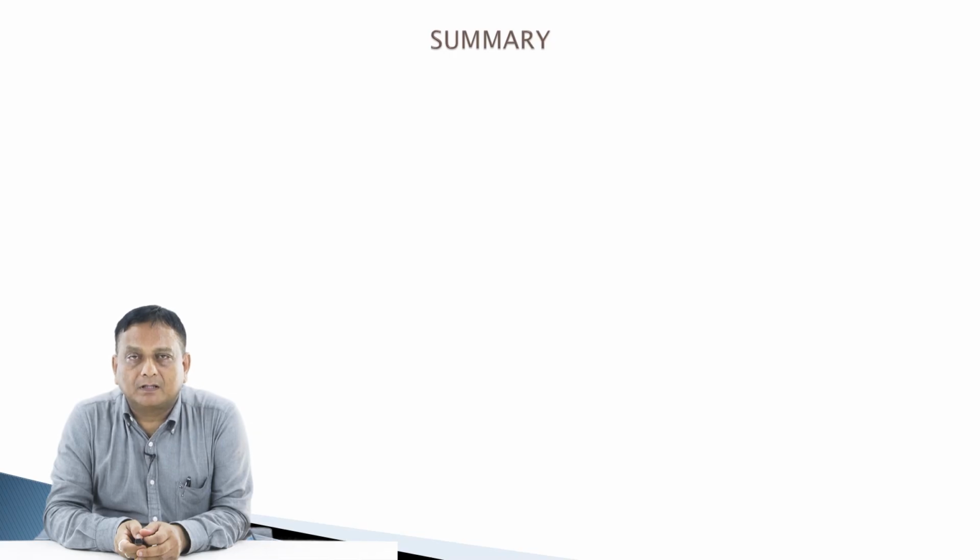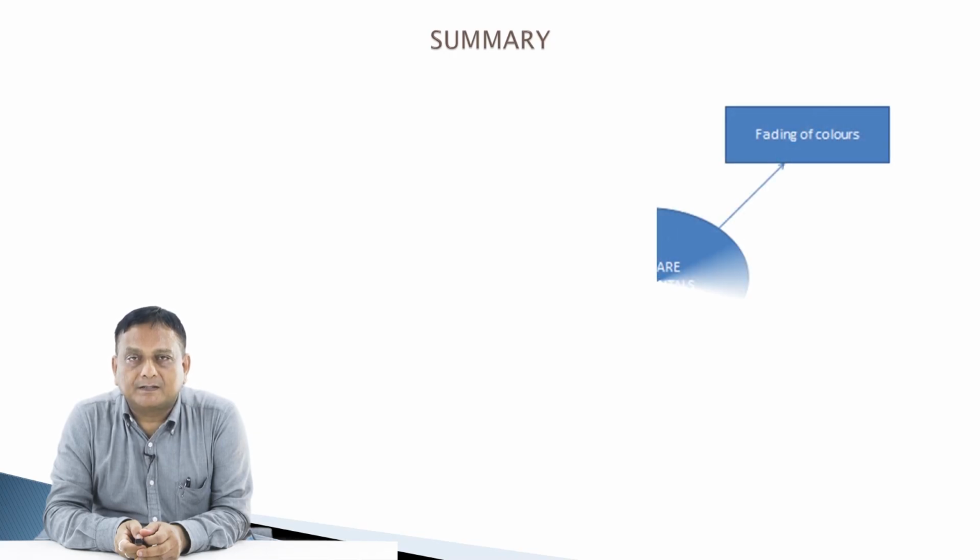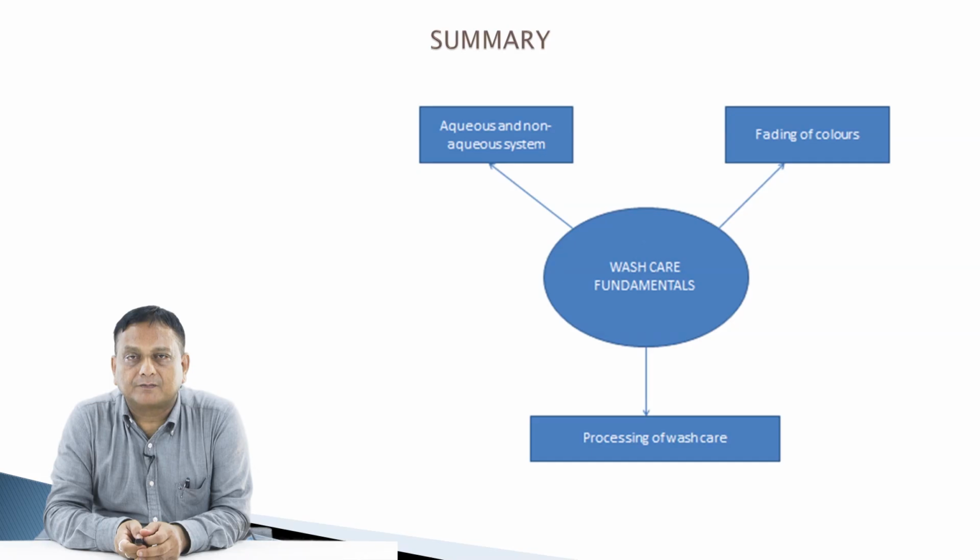Now, in the summary, we can summarize this lesson in this fashion. What we have seen here is the wash care fundamentals, means the method by which a consumer will wash the garment. What are the precautions that need to be taken, starting from the dyes or the drying method or packing method, whatever is there, the care or precautions.